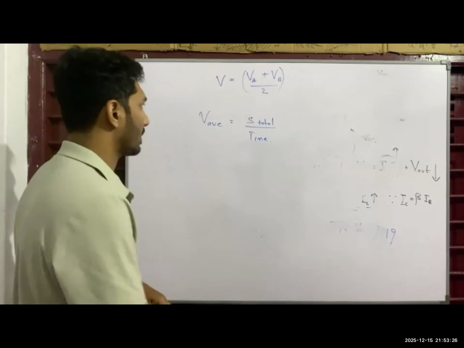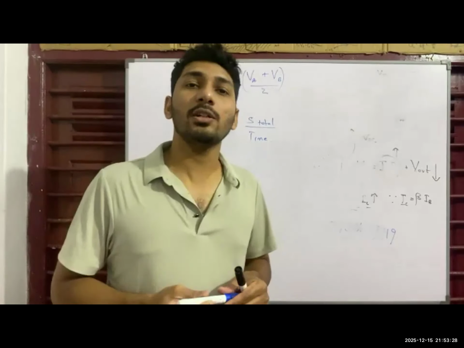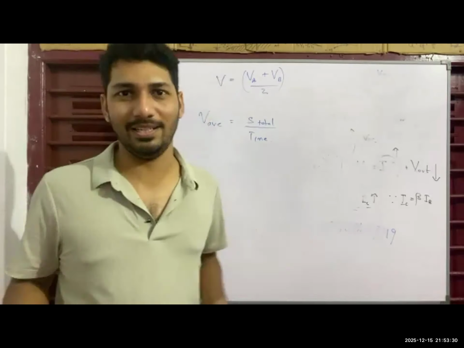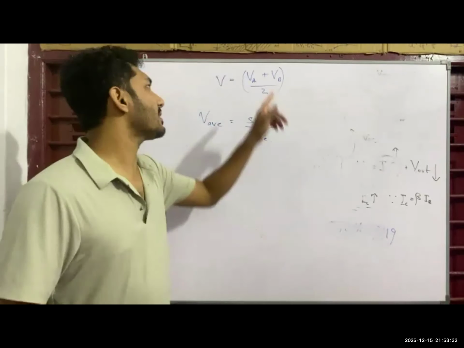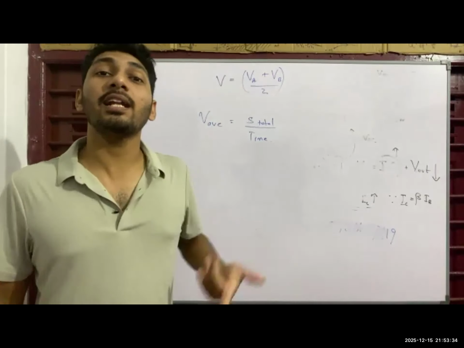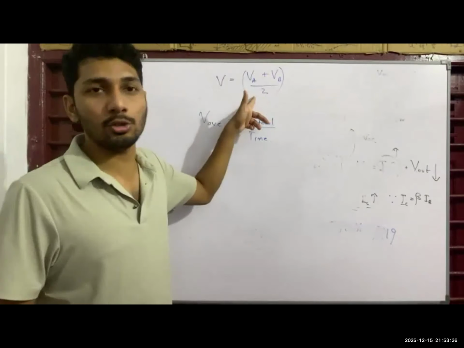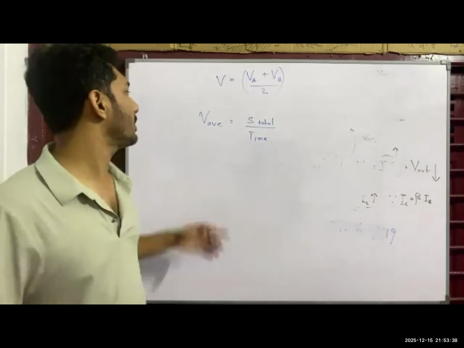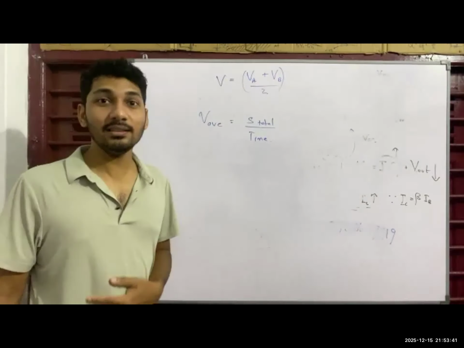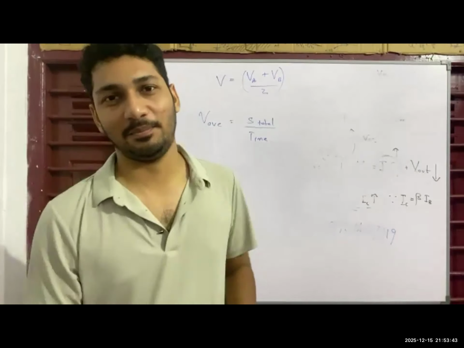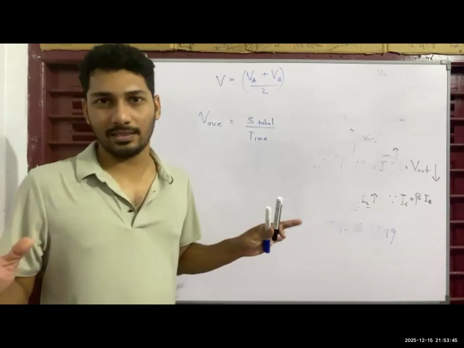So this question you actually answer with experience. If you just add the final and initial velocity and divide by 2, it will give you the average velocity in uniform acceleration, nowhere else.